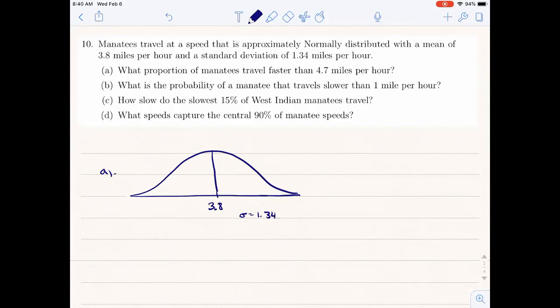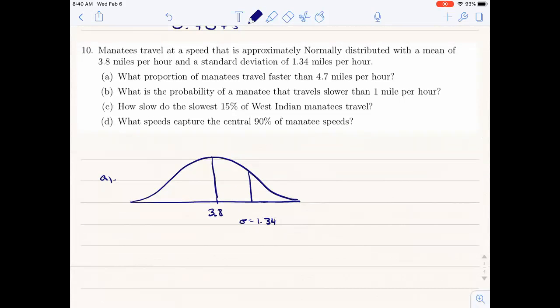For this question, we want to know what proportion of manatees travel faster than 4.7. So 4.7 would be somewhere above 3.8 because we've just got a number line on the bottom. Right? So 4.7, and we want to know what proportion of manatees travel faster than this.